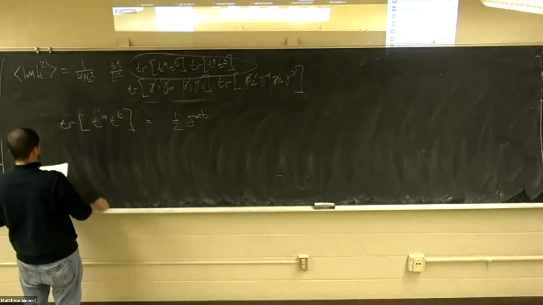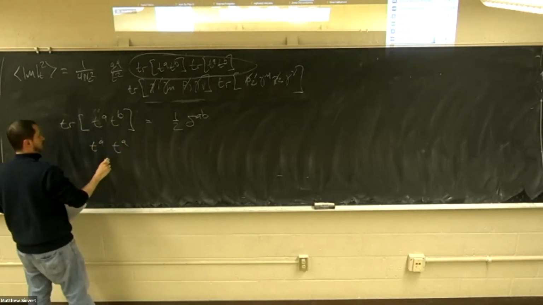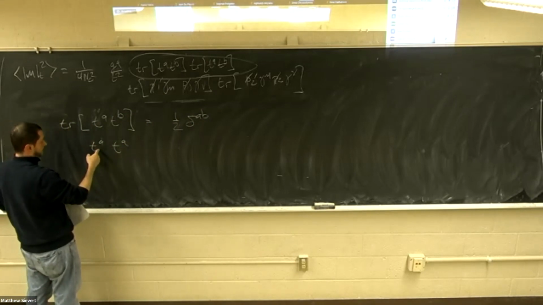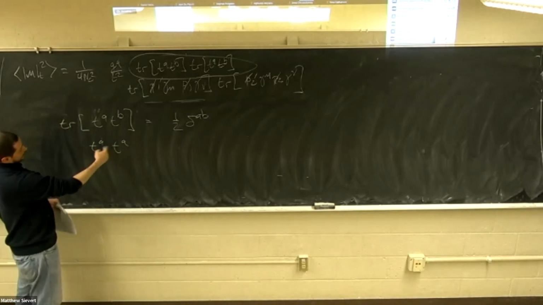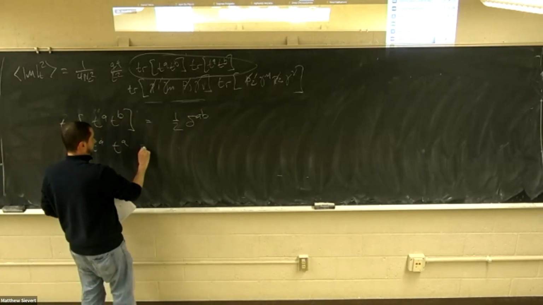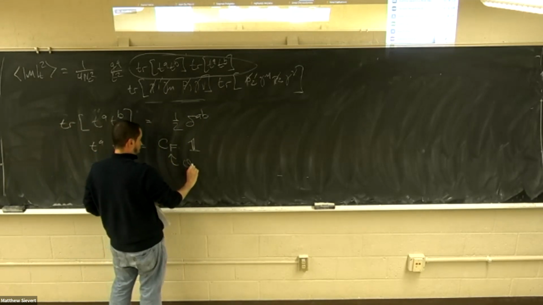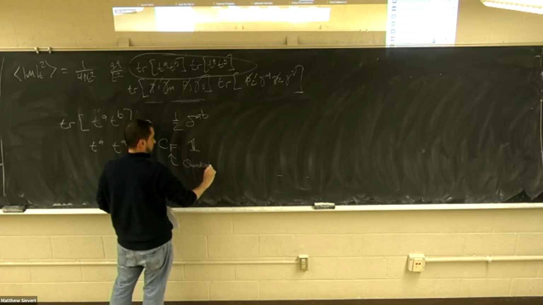Another identity which is helpful is the sum of the squares of the generators. So if I have two matrices T^A times T^A, and I sum it over all 8 of the generators A, the answer is a number called C_F times the identity matrix. This object is called the quadratic Casimir.